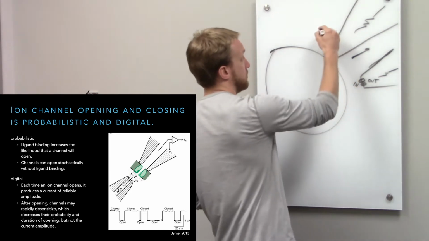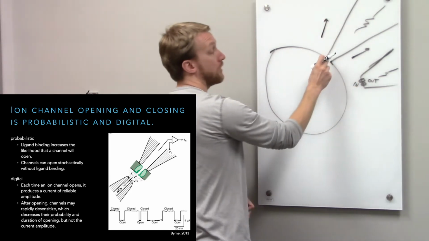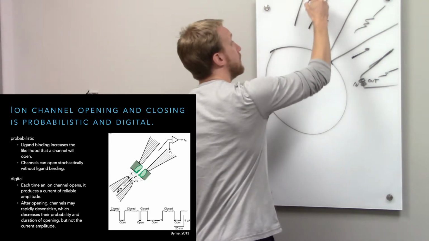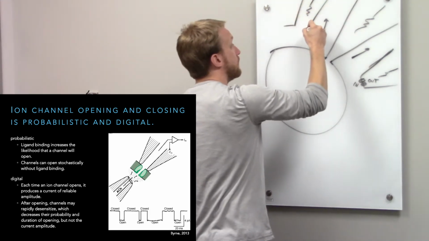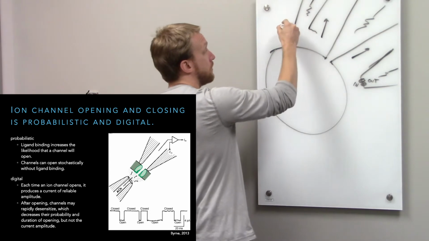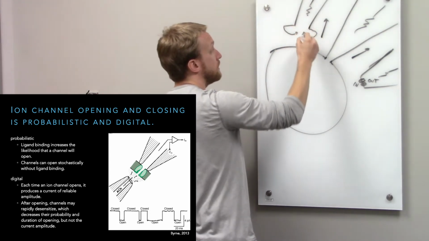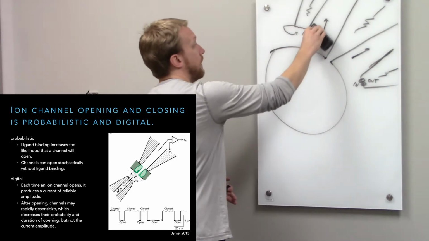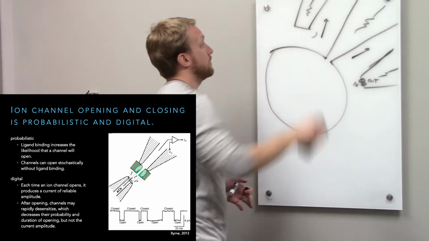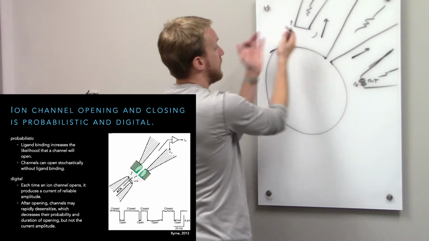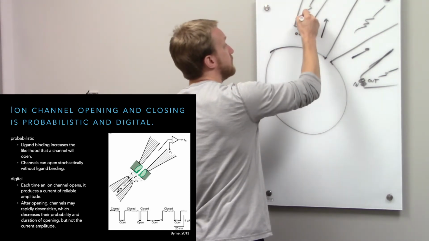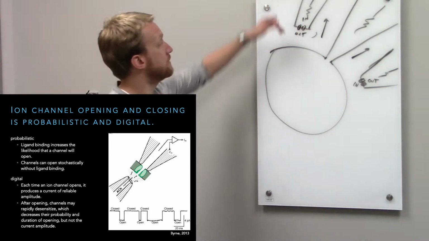So in that case, when you pull your pipette off after you've gone whole cell rather than cell attached, that little bit of membrane that you pull off with it is going to fold back in, and you now have an outside out patch. So when that flops back, now the outside is going to be pointed outward.